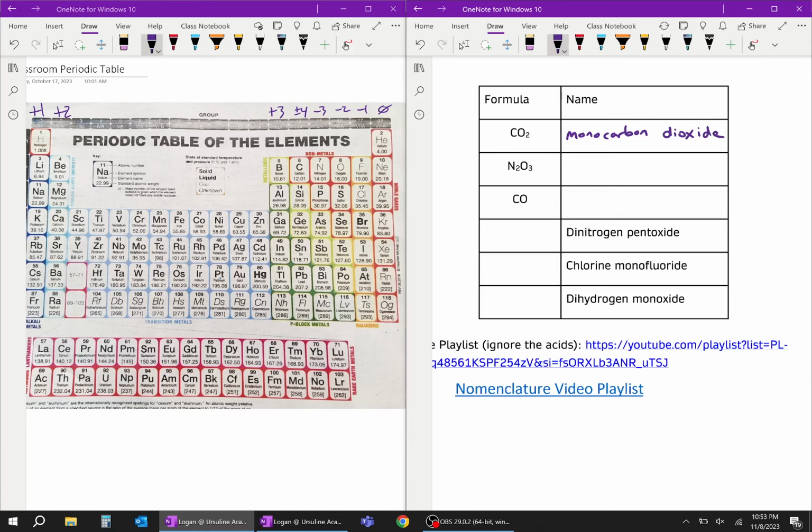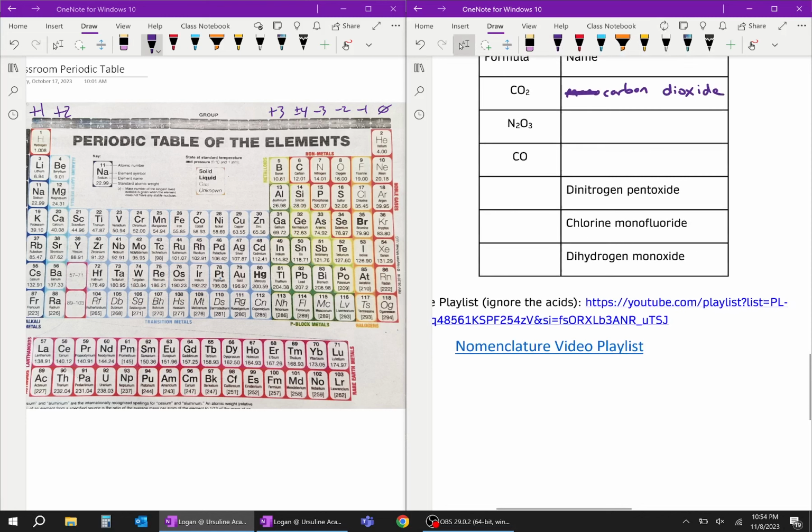But we never ever start with mono. So this is called carbon dioxide. If I have 2 nitrogens, we call this dinitrogen. And I have 3 oxygens, so we call this trioxygen. But we always end in "ide," so it's trioxide. Dinitrogen trioxide.